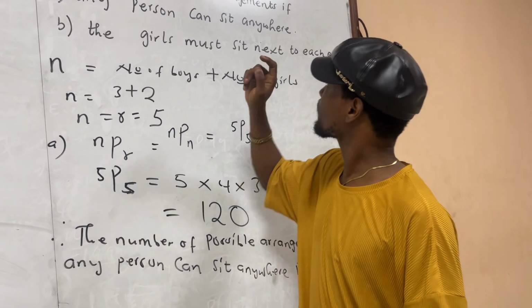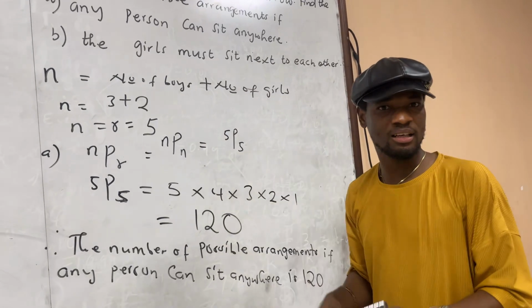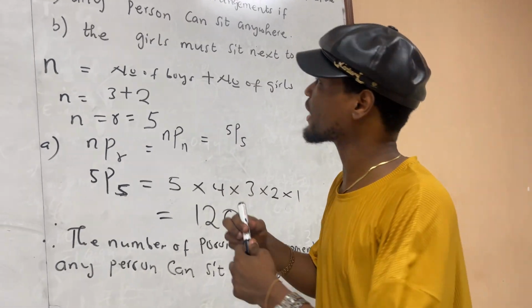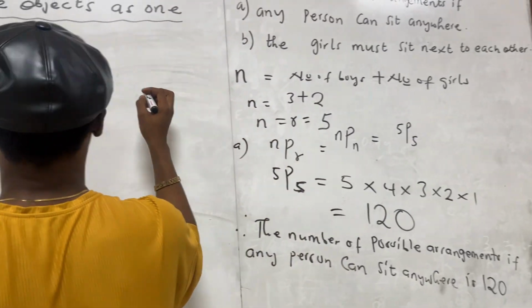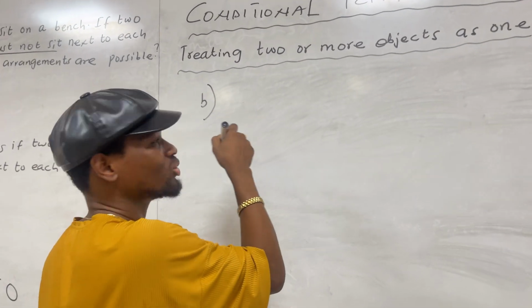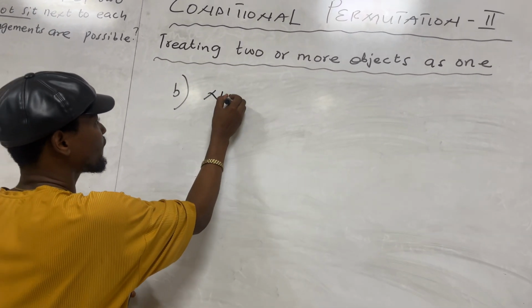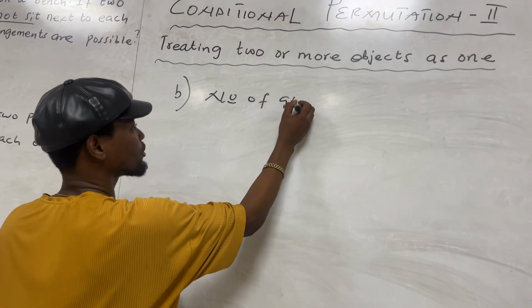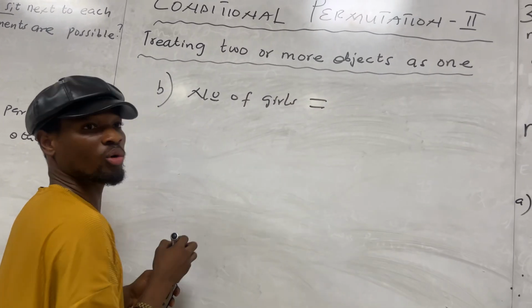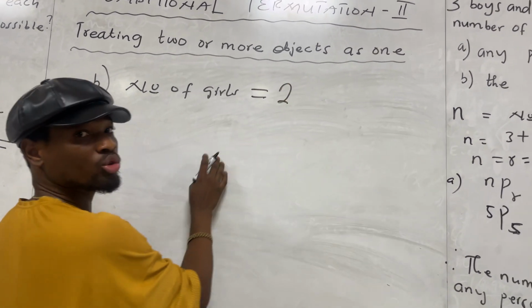Now the B, it says the girls must sit next to each other. So what is the total number of girls? The number of girls is equal to 2.